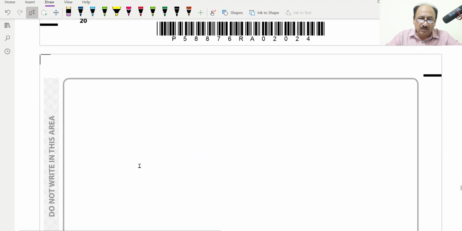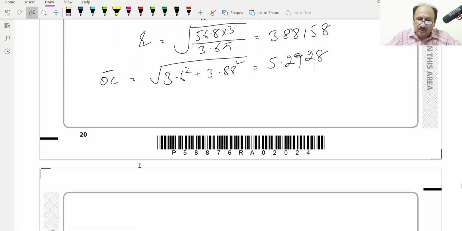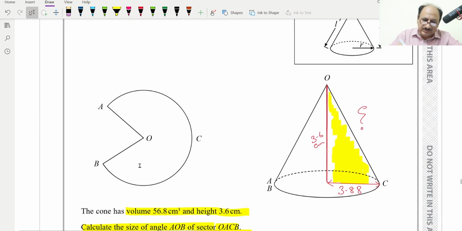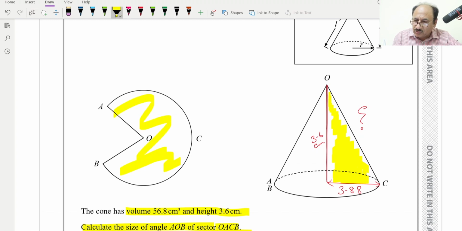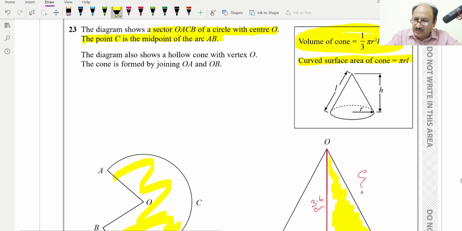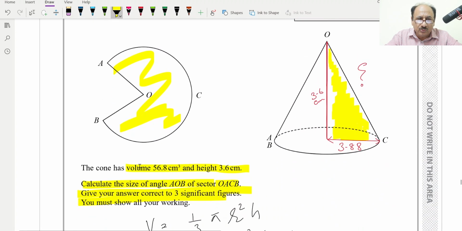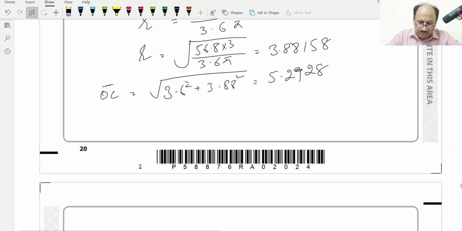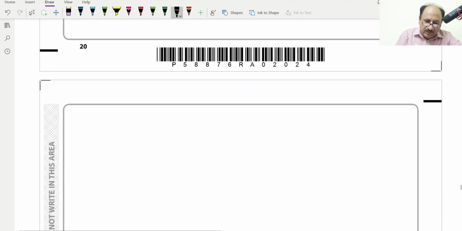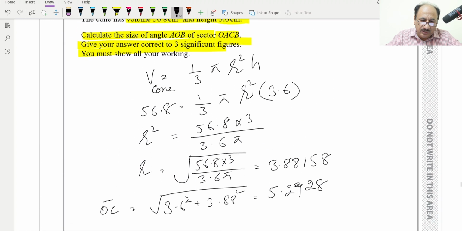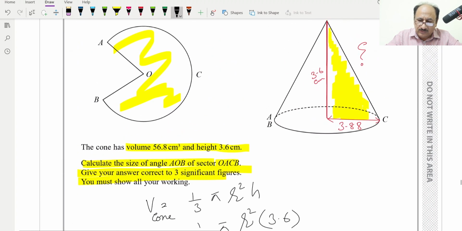Now we can write the relation. What is the relation? Basically this is the same shape which is changing into this cone. So curved surface area is equal to pi r l. We will write the equation pi r l is equal to angle AOB over 360.